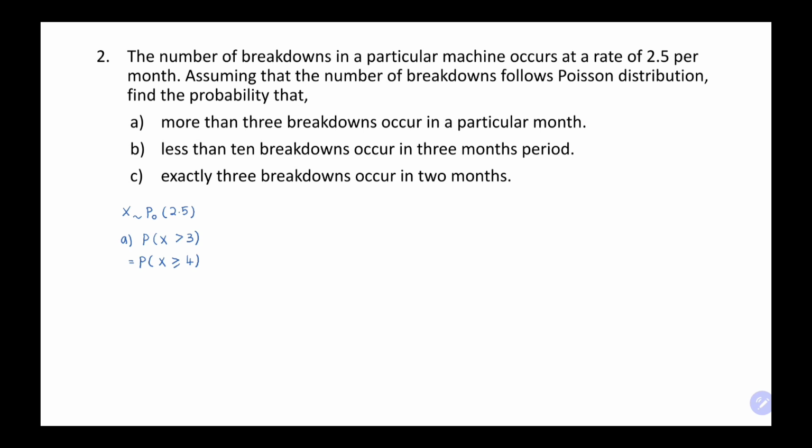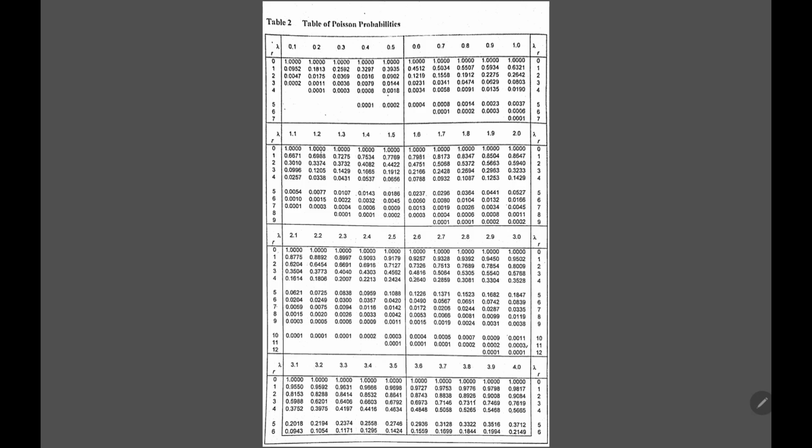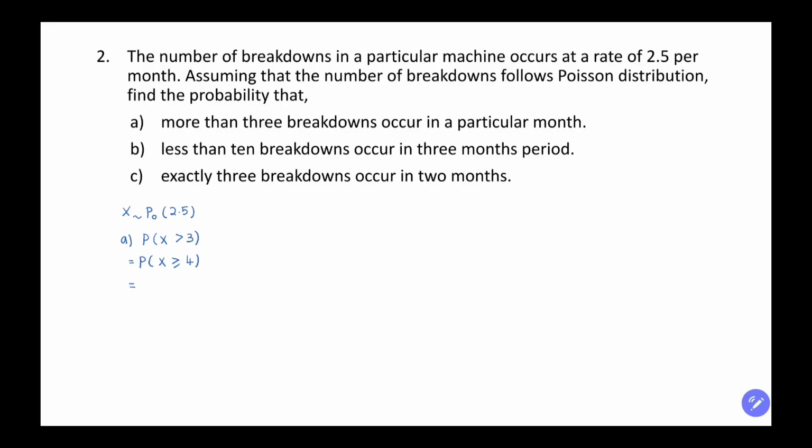Greater than 3 means we start from 4, and 3 is not included. Now we check our table, lambda 2.5 and r equals 4. We find here lambda 2.5 and r 4, so we have the answer 0.2424. We copy, the answer is 0.2424.